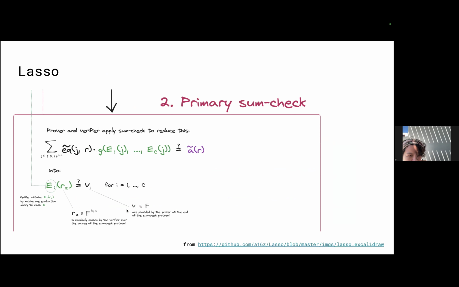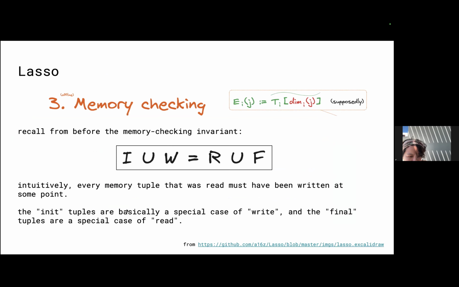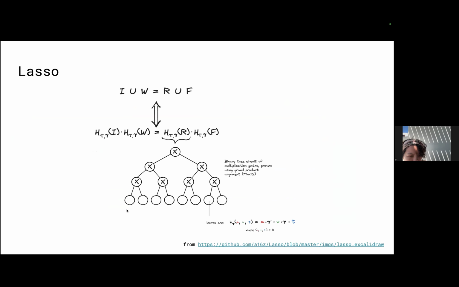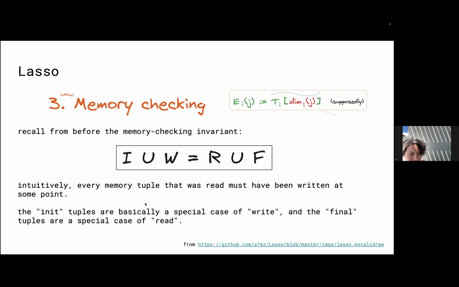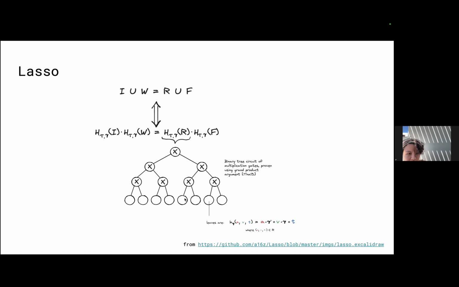I'm not going to get into the details over here, but I just wanted to note that this memory checking invariant is also proven in Surge using this GKR grand product argument.